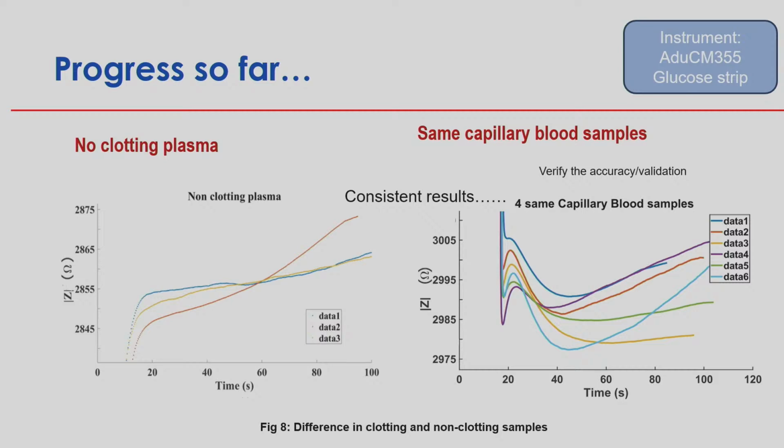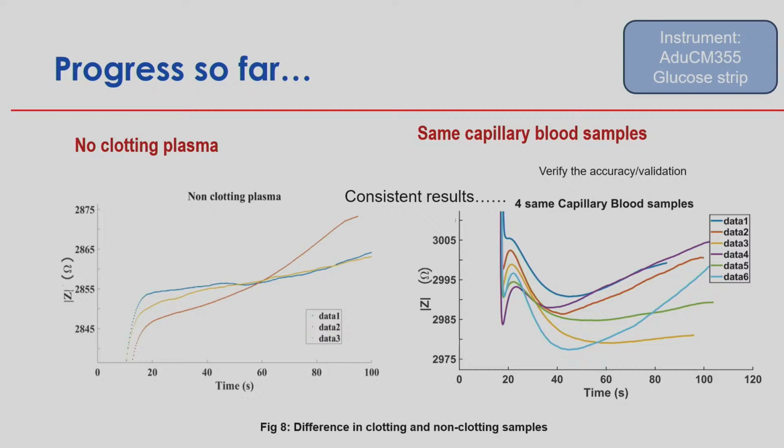If anything, it shows a rise in the impedance. But at the same time, the clotting plasma does show a dip in the impedance curves at a very particular point. These are repeated readings on the same sample, and they tend to show a dip at the same point of time.